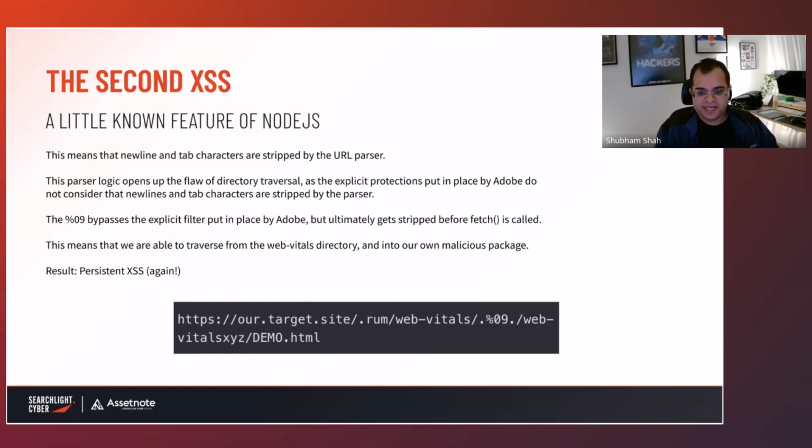But when parsed by the Ada URL parser library, it would just be //, because it strips the tab character, which is %09 in this case. So this bypassed the explicit filter that Adobe put in place. Ultimately, when the fetch happened, we were able to traverse back and reach the arbitrary malicious package that we created earlier. The result was persistent XSS for the second time around.